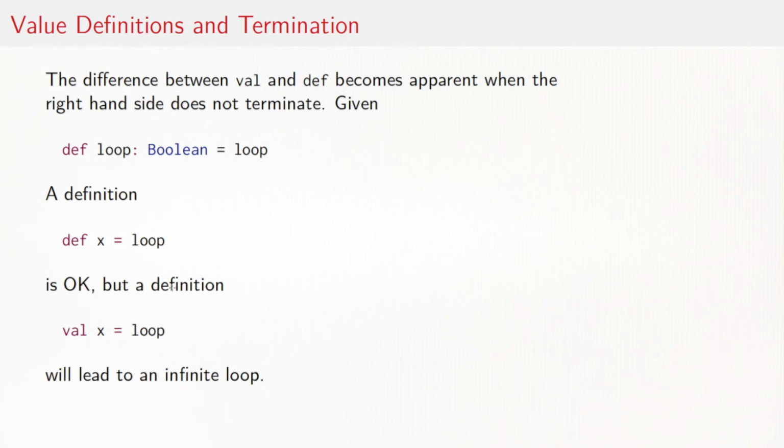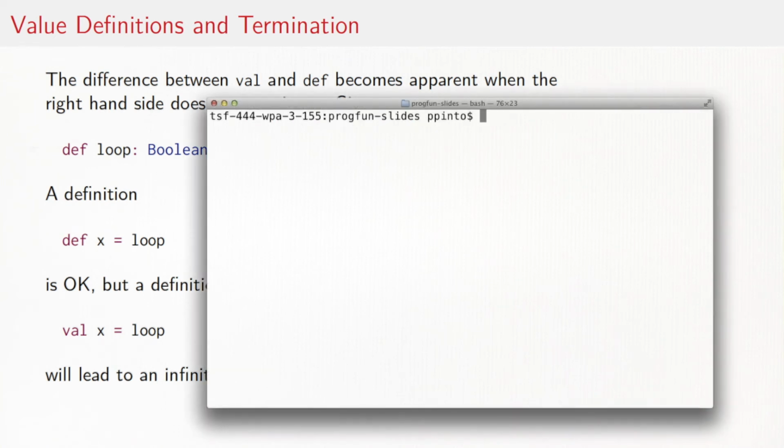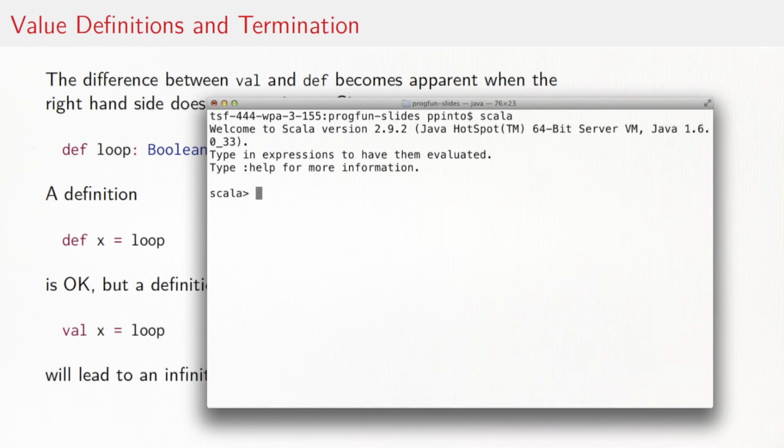The difference between val and def as a definition form becomes apparent when the right hand side does not terminate. So to do that, I can take the REPL. Let's generate another looping expression again. There we go. And now if we say def x equals loop, then nothing happens.